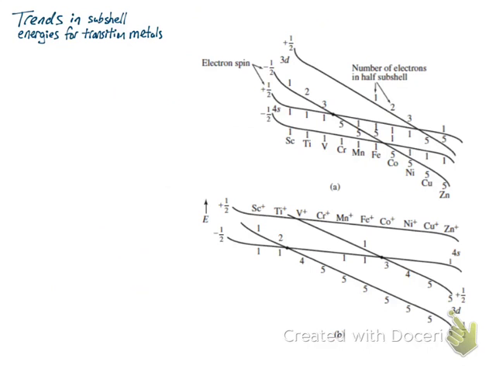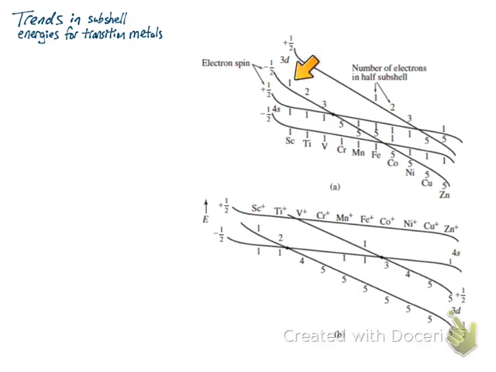You will also want to note the change in the energy relative due to the difference in slope for the 4s orbitals versus the 3d orbitals. So notice the slope is shallower for the 4s and much steeper for the 3d. So that actually the 3ds start to go lower in energy as you go across the series of transition elements.